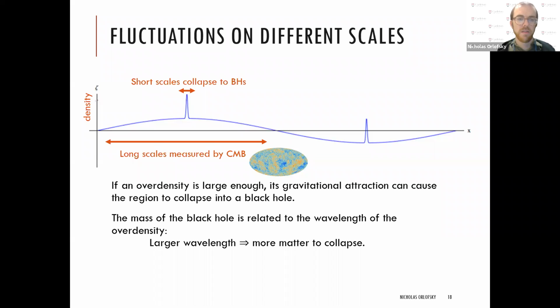The probability for it to collapse is related to how high this density fluctuation is. The actual mass of the black hole is related to the wavelength of this overdensity, where you have more matter inside of some particular wavelength.